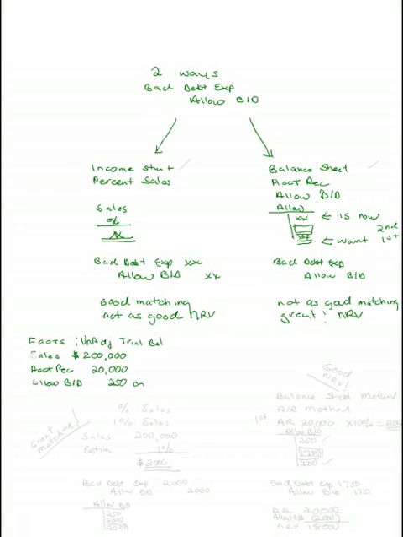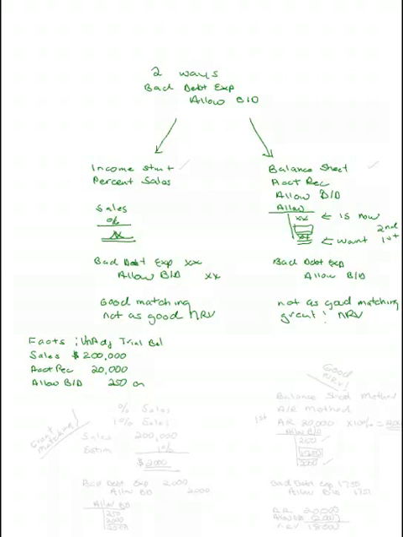Here are some numbers that are coming from our unadjusted trial balance. Our sales are $200,000. Our accounts receivable from the balance sheet is $200,000, and our allowance for doubtful accounts left over from last year is a $250 credit.